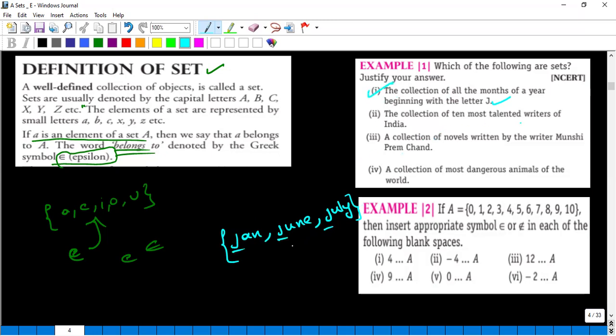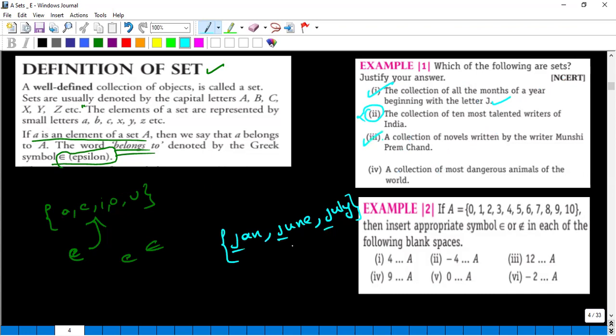Collection of 10 most talented writers of India. We have already discussed this. On what basis are you deciding? They have not given any condition. So you can tell it will not form a set. Here the things are not well defined. Collection of novels written by writer Munshi Premchand.